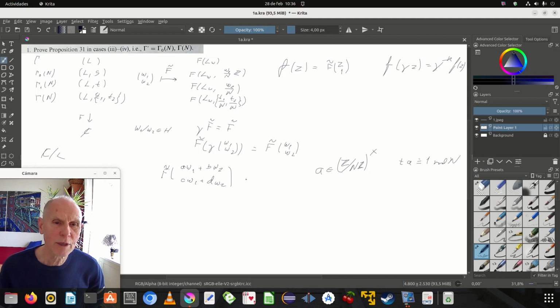And what this becomes depends upon the case we have. This one is simple. This one they did in the book, so we'll take the two other cases.